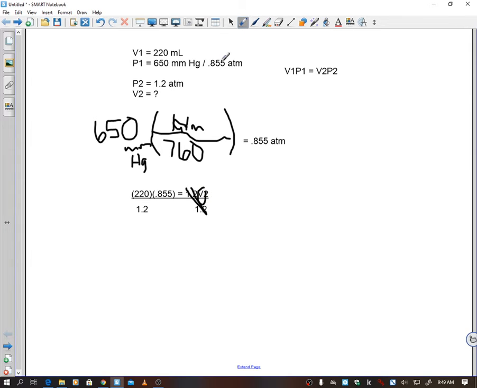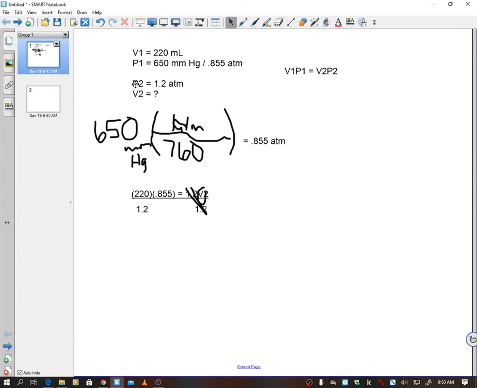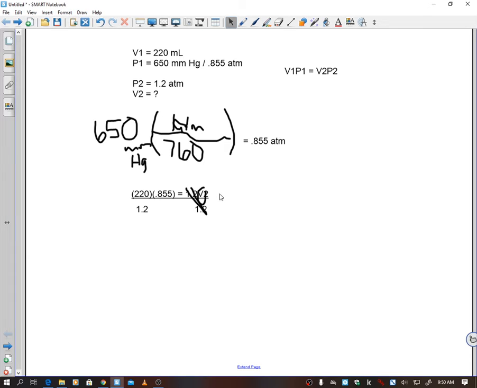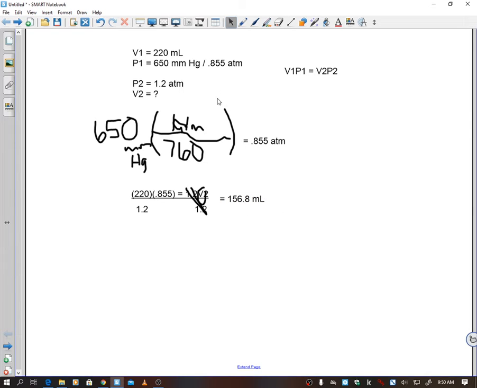Your answer is going to be 156.8 milliliters. Once again, we can check our work. We can see that our pressure increased, so my volume is going to decrease.